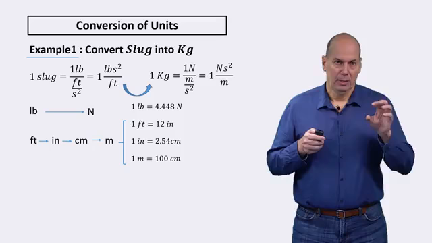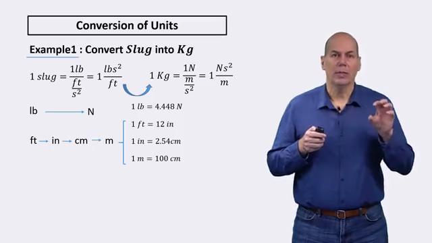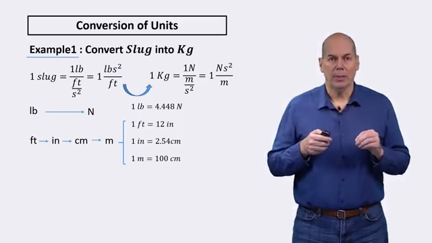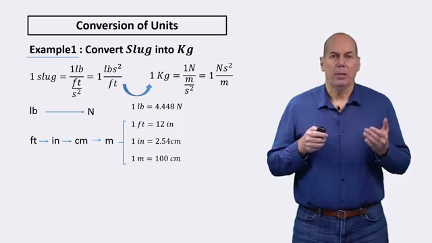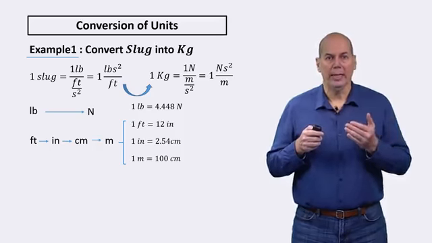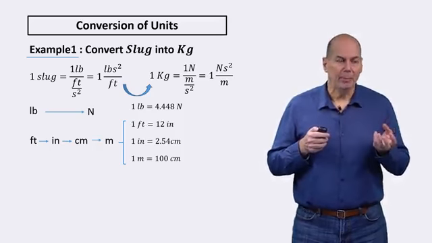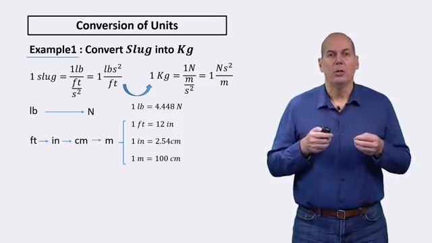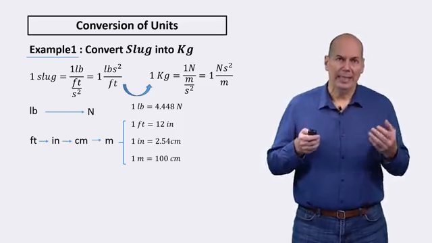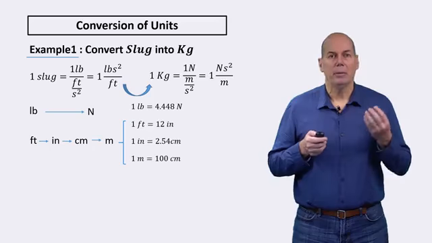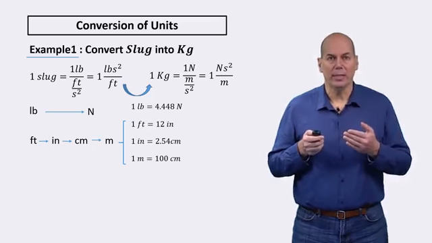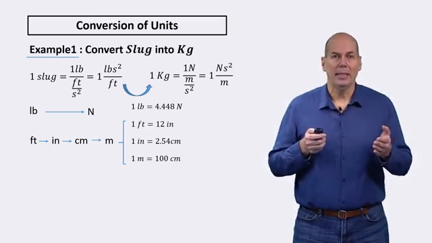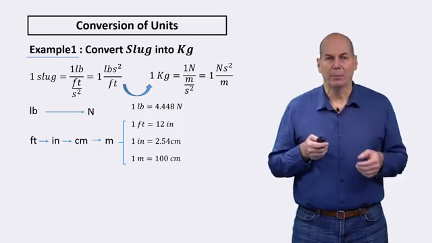The unit of pound for force, which appears in the first quantity, is related to Newton, which appears in the second expression, through the relationship that 1 pound is 4.448 Newton. At the same time, we need to relate feet, which appears on the left expression, to meters. We do not have yet this relationship, but we know that 1 foot is equal to 12 inches, 1 inch is 2.54 centimeters, and 100 centimeters is equal to 1 meter.